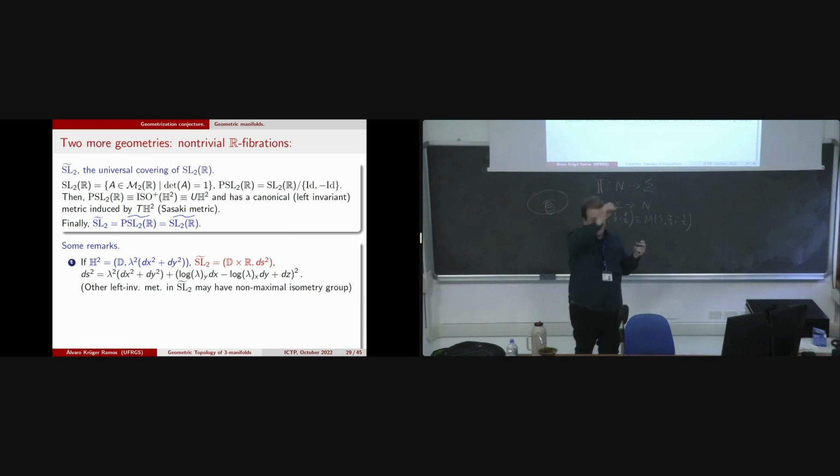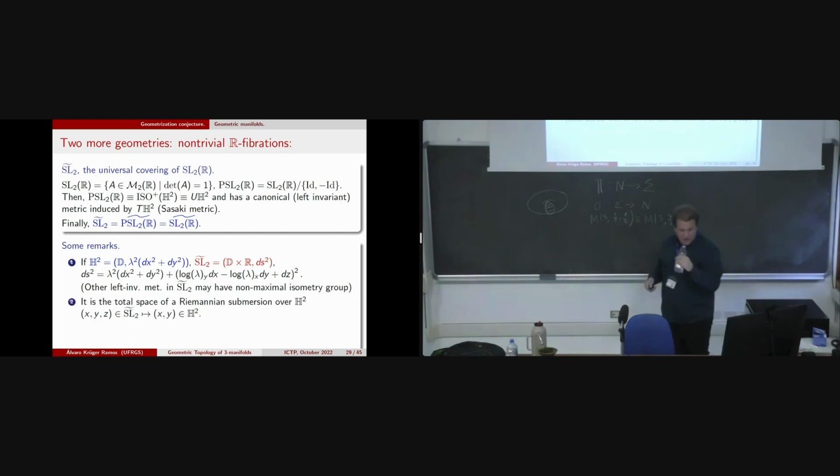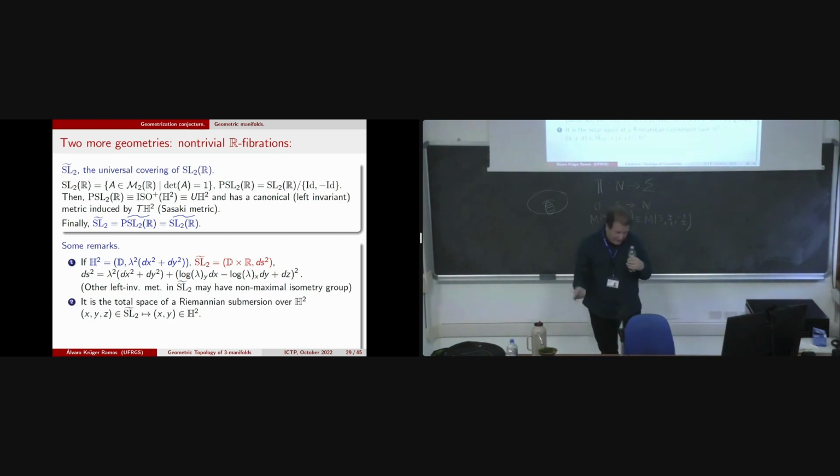If you are in other spaces, you don't have maximal isometry group, so you're not a model geometry. It's for this specific metric, or this metric up to homotheties, that you are actually a model geometry. And it is also like Nil3, the total space of a Riemannian submersion, but now instead of R2 it is H2.